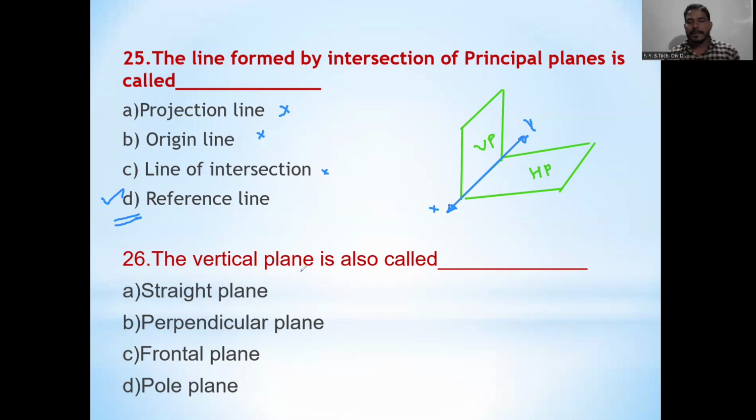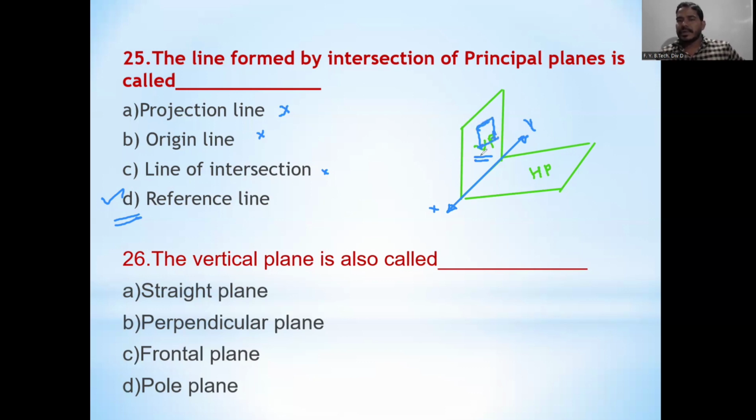Next, the vertical plane is also called as. So this is our vertical plane, and it has another name. As we know, in case of the first angle, the object is held here, and its front view will be obtained on this vertical plane.